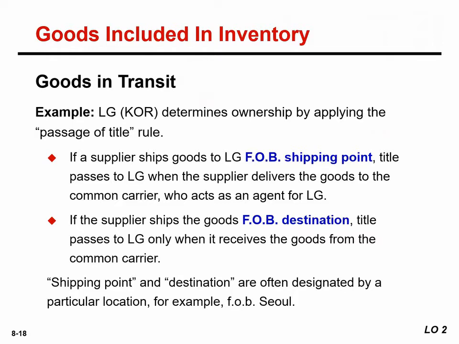If I am the purchaser and the goods are in transit under FOB destination, I cannot claim that I control these goods, because the goods will not be owned or controlled by me until they arrive at their destination, which is the buyer's warehouses.